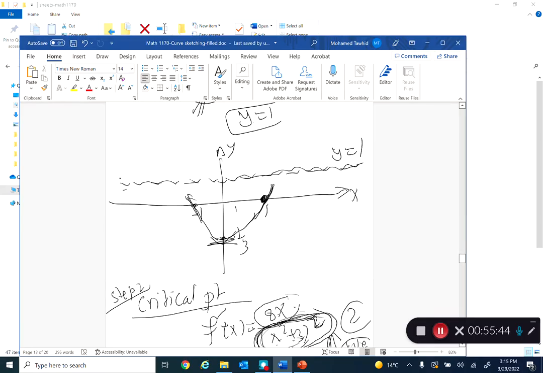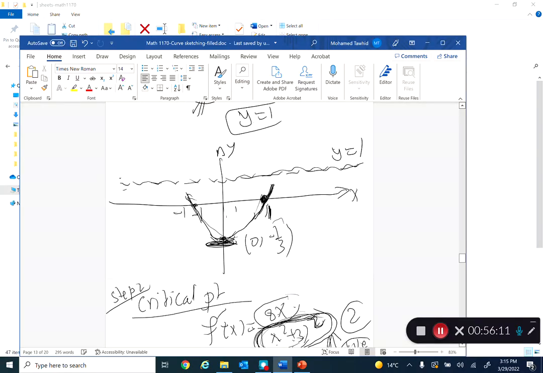Why? Because you have a horizontal tangent here, at negative 1/3. Your x here is 0, and your y is negative 1/3, so you have a local min here. The graph crosses the x-axis at -1 and crosses the y-axis at negative 1/3. That is your y-intercept.